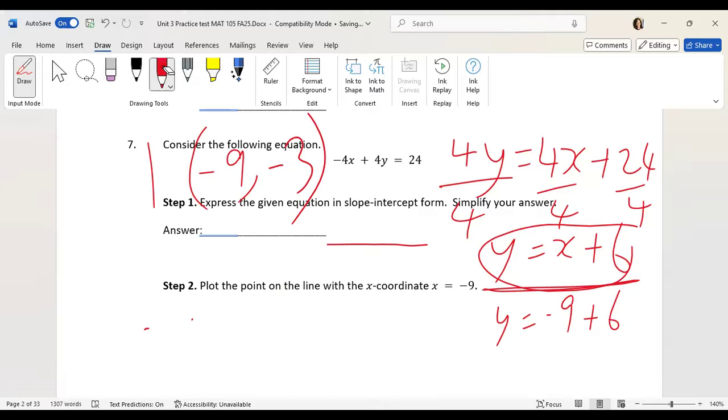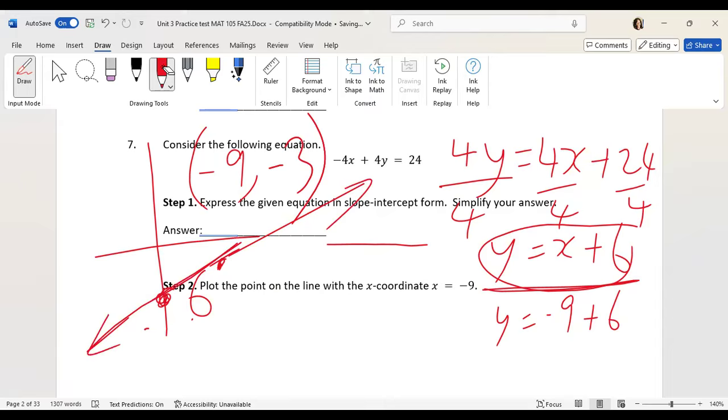So I plot the point 6, and the slope is 1, so I go up 1 over 1 from 6. I connect these 2 points and extend them. The line has a positive slope. That is the line we are told to graph.